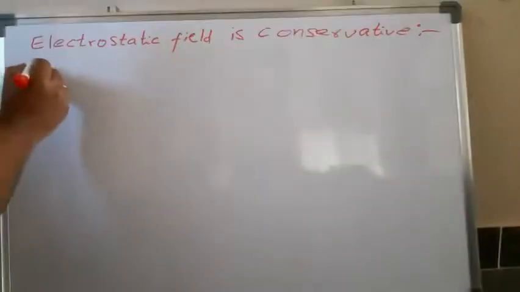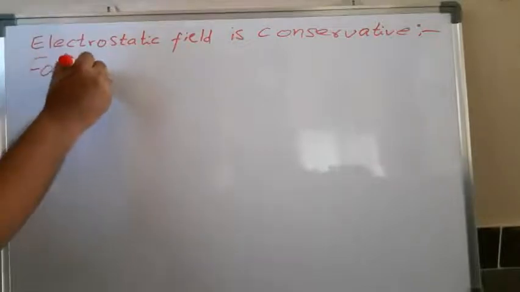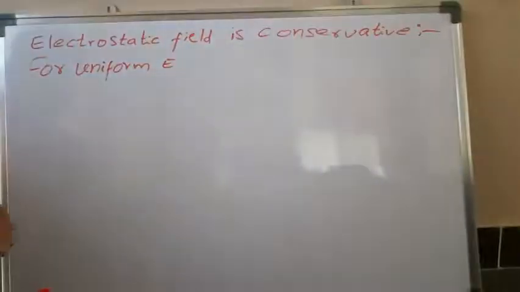Here we will show the electrostatic field as a conservative force in two different cases. The first one is for a uniform electrostatic field, E. Later on, for a non-uniform electric field, we will see whether the electrostatic field is conservative or not.